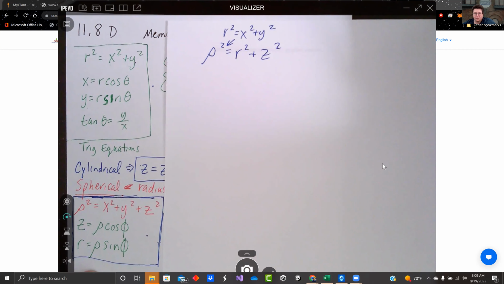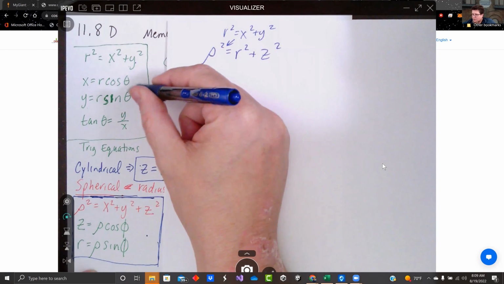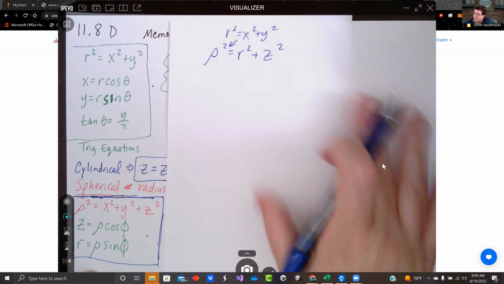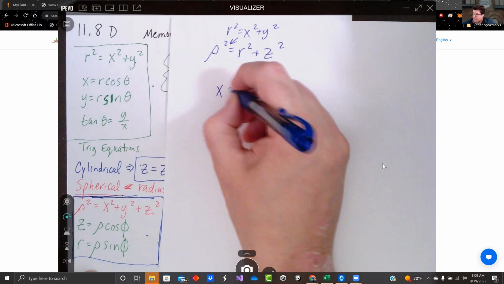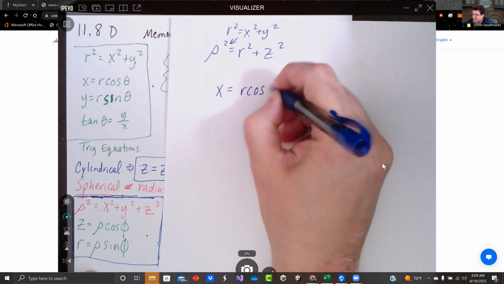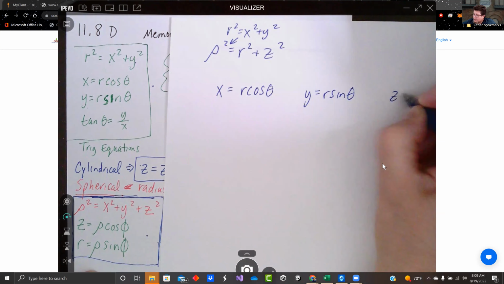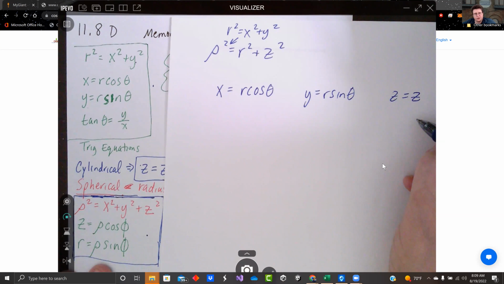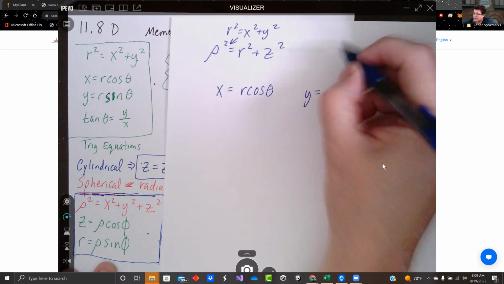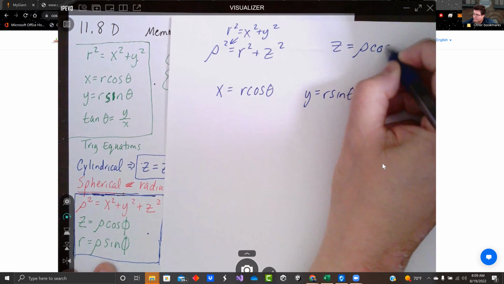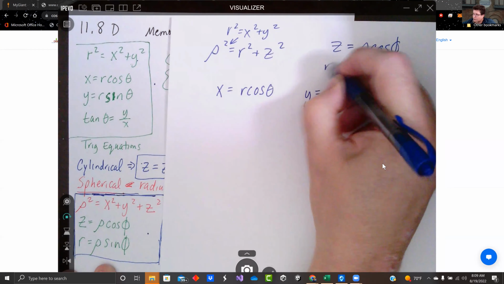Now, the fun ones that look like they're the hardest to memorize, the x, y, and z in spherical, because they've got phis and thetas. Well, let's just come up here to our x, y, and z. X is r cosine theta, y equals r sine theta, z equals z. And I'm going to use the two equations I just memorized: z equals rho cosine phi, and r equals rho sine phi.